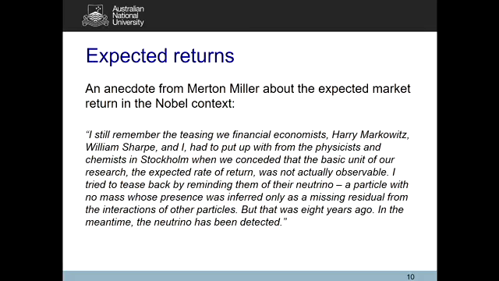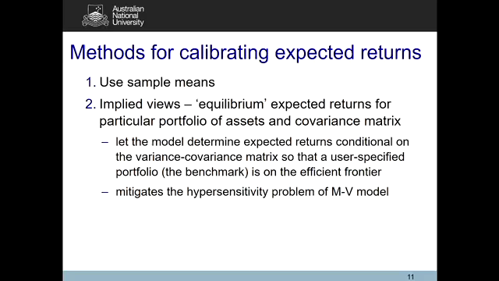And so he said, well, at least the neutrino, however you say it, was a particle that you couldn't measure. At least they had that, which was sort of similar, but since then, they've figured out how to measure it. But we still don't know how to properly measure expected returns because we can't read into the minds of people. So it's a really important thing to understand, but it's really hard to do well.